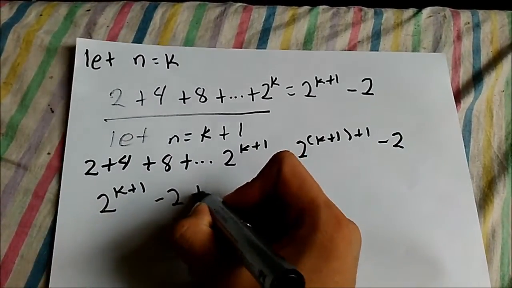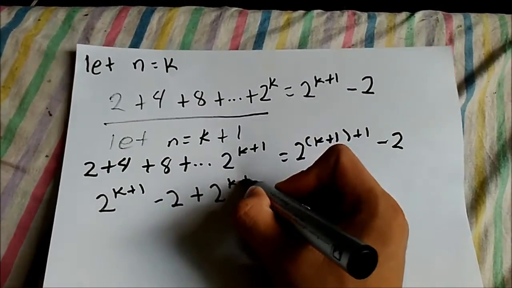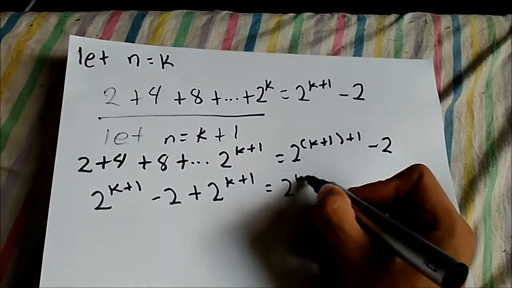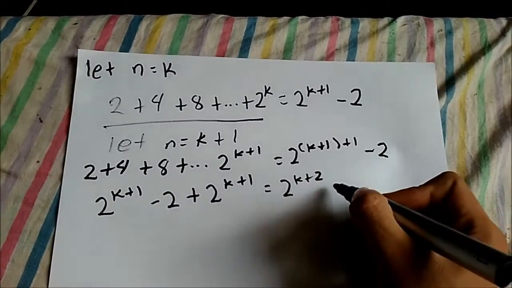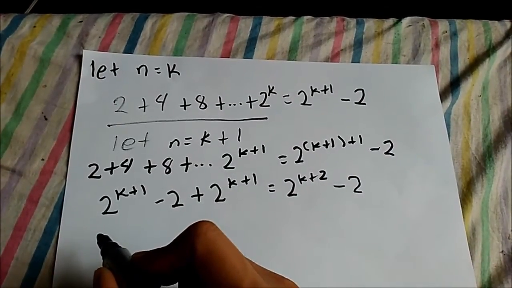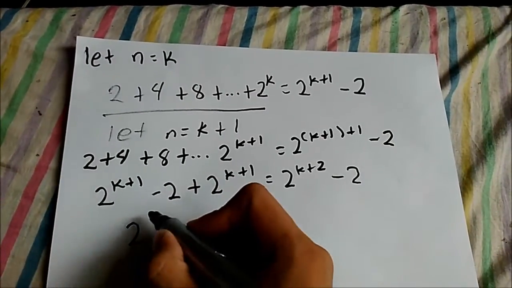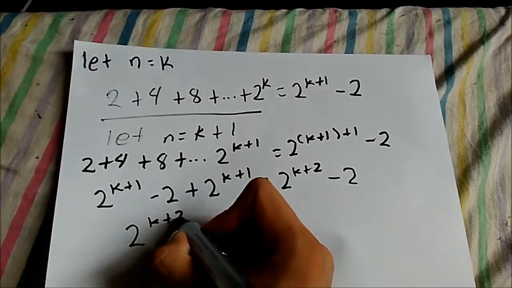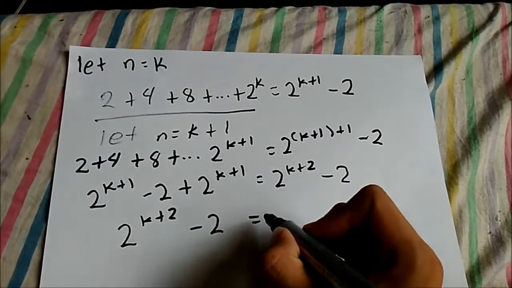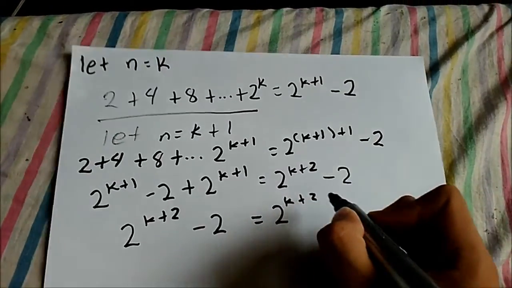Then plus 2 raised to k plus 1 is equal to 2 raised to k plus 2 minus 2. Since that and that have the same base, you'll just have to add their exponent. So 2 raised to k plus 2 minus 2 is equal to 2 raised to k plus 2 minus 2.